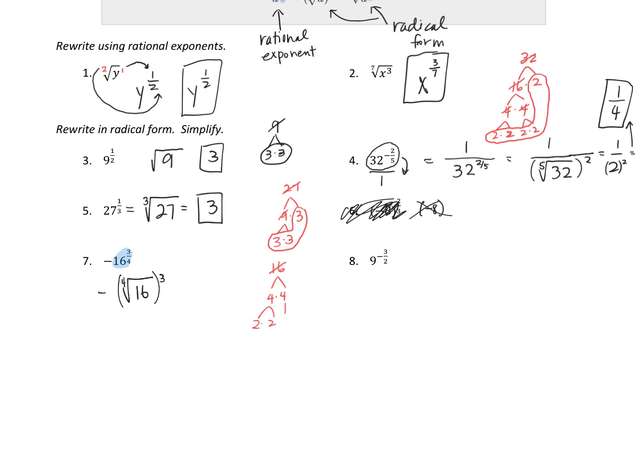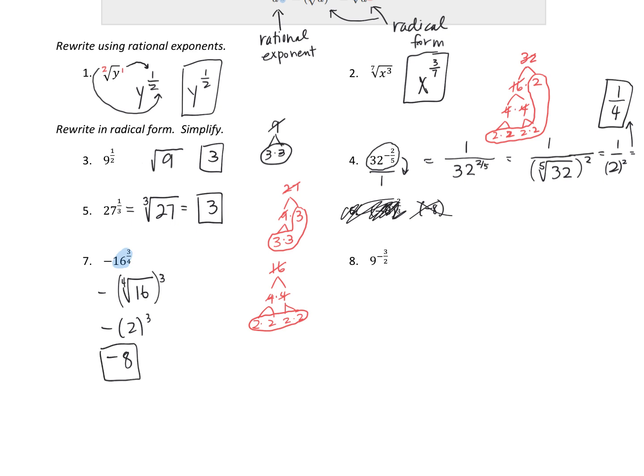This is 2 times 2, and this is 2 times 2. So we're looking for a group of size 4. We have 4 2's. So a 2 is the 4th root of 16. And then we can cube the 2. Again, we're just bringing that negative down. So we end up with negative 8.